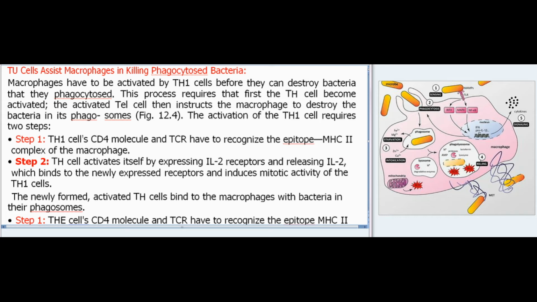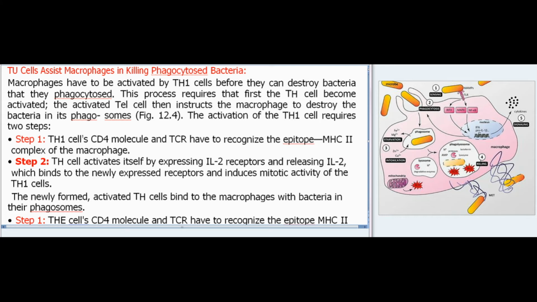The activation of the Th1 cell requires 2 steps. Step 1. Th1 cell CD4 molecule and TCR have to recognize the epitope-MHC2 complex of the macrophage. Step 2. Th cell activates itself by expressing IL-2 receptors and releasing IL-2, which binds to the newly expressed receptors and induces mitotic activity of the Th1 cells.